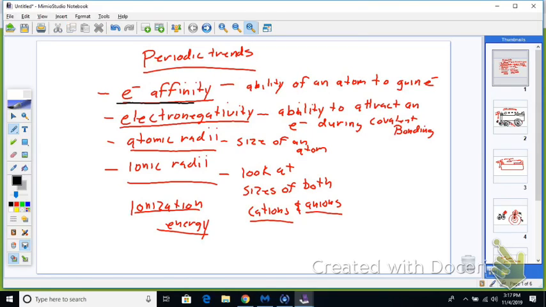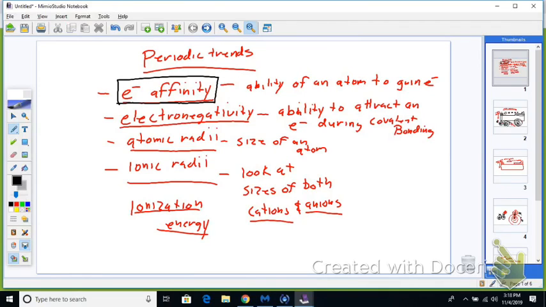Electron affinity is the ability for an atom to pull in an electron. It doesn't really have a trend. But what do you look for in atoms that want electrons? One that needs one to complete it. Yep, an energy level or a sublevel that needs one or two electrons to fulfill a full level or sublevel.